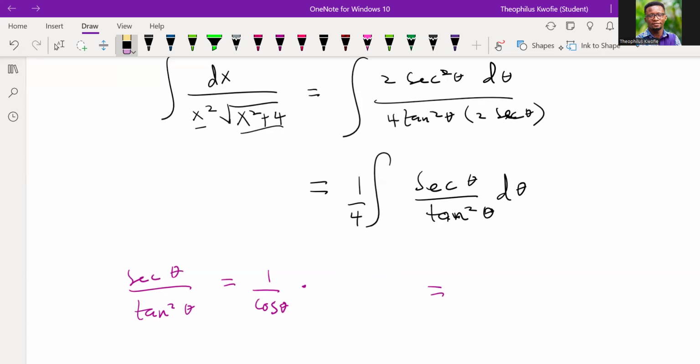Sorry, I swapped there, because if I multiply, then I have to do the reverse, and by reversing I should have something like this.